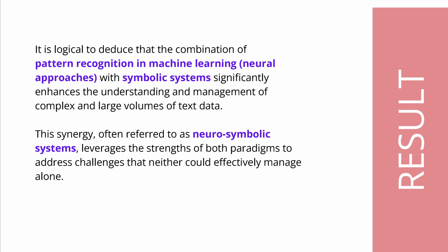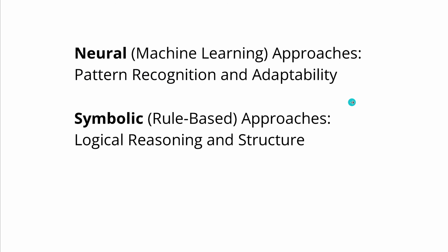And this synergy, that I noticed in these 3 papers from just 2-3 days ago, which all the research of these big corporations is now focused on, often referred to as Neuro-Symbolic systems, leverages the strengths of both paradigms to address challenges that neither system could effectively manage alone. So, very easy: the neural, machine learning approach, the pattern recognition and adaptability of our ChatGPTs, and the symbolic, rule-based approach for logical reasoning and structure.